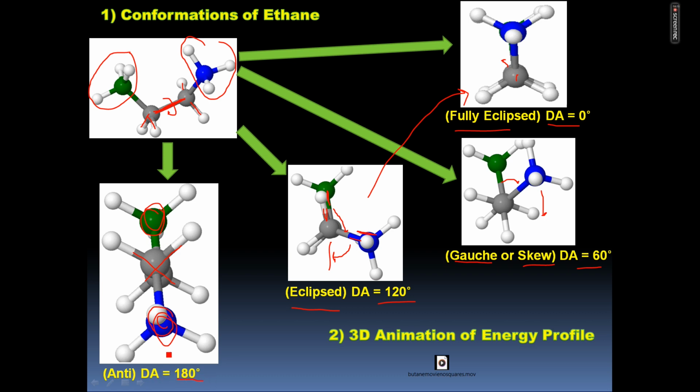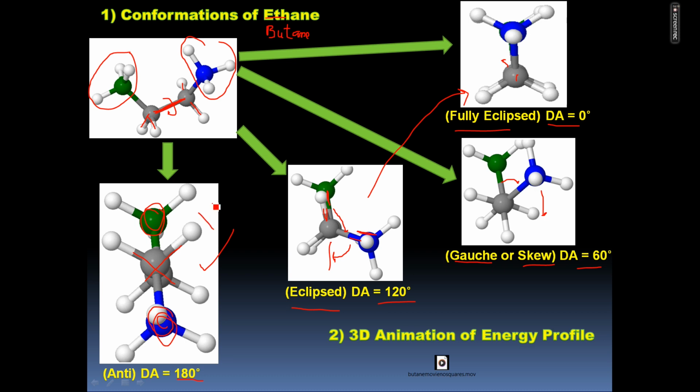This is the most stable conformation of the butane molecule. So this is the most stable conformation, less energetic.